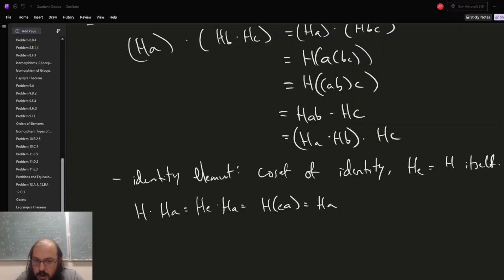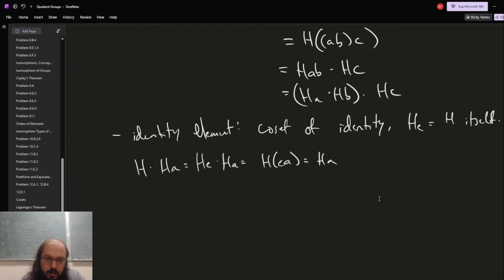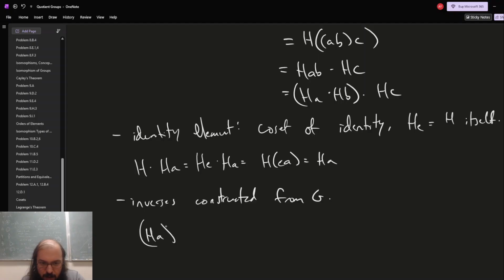Lastly, since we know that He, or just H for short, is the identity element, then the inverses are also constructed from group element inverses. Written out, the inverse of Ha will be defined to be Ha inverse.